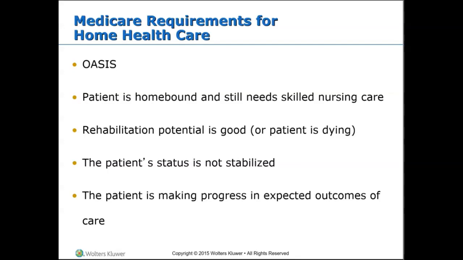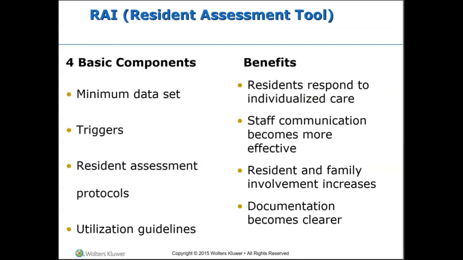The nurse also completes a progress note with every one of their visits. The information needs to be included in the patient's homebound status, the patient's physical condition, the care the nurse provided, and the patient's response to the care the nurse provided, and also the need for continuing care, or if they don't need continuing care, we can do a discharge plan.